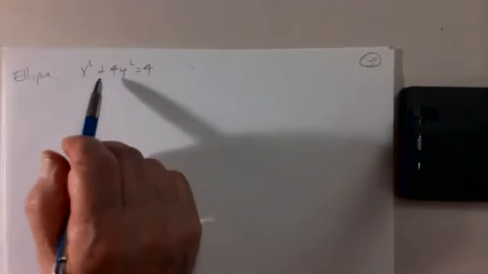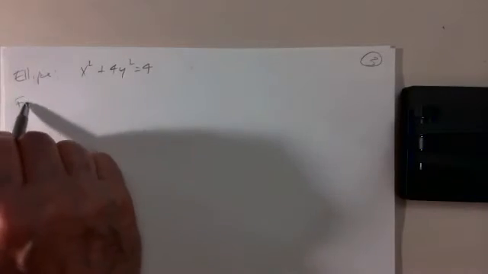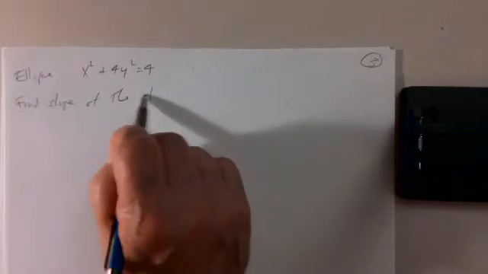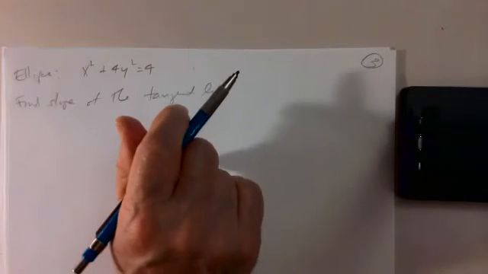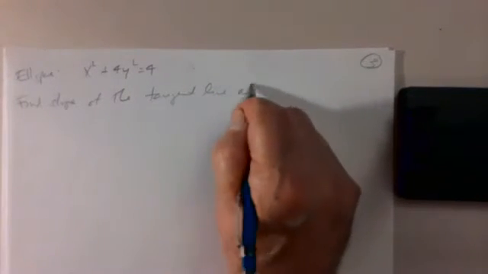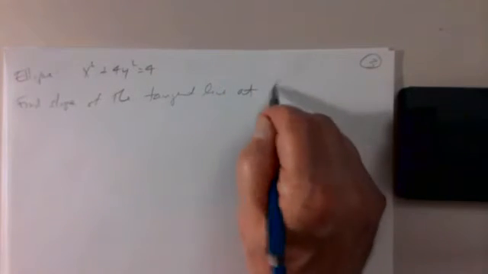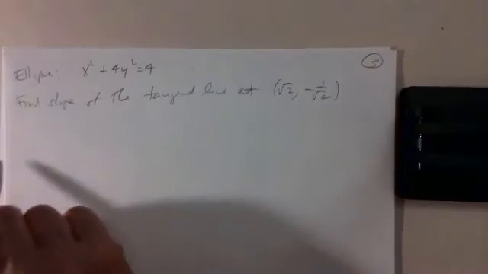In any case, this is a curve and the graph really is an ellipse. Find the slope of the tangent line at the point (square root of 2, -1 over the square root of 2).